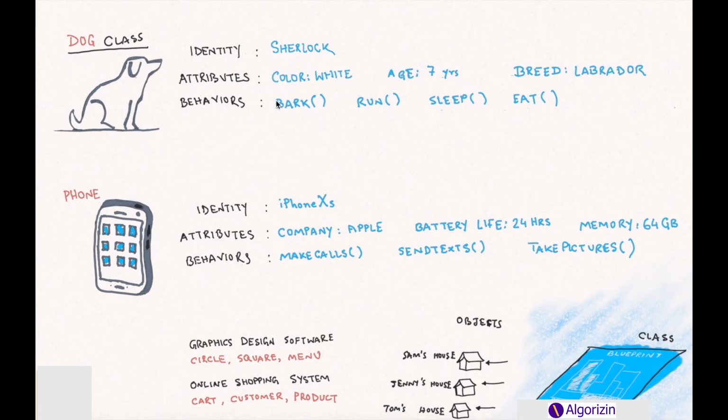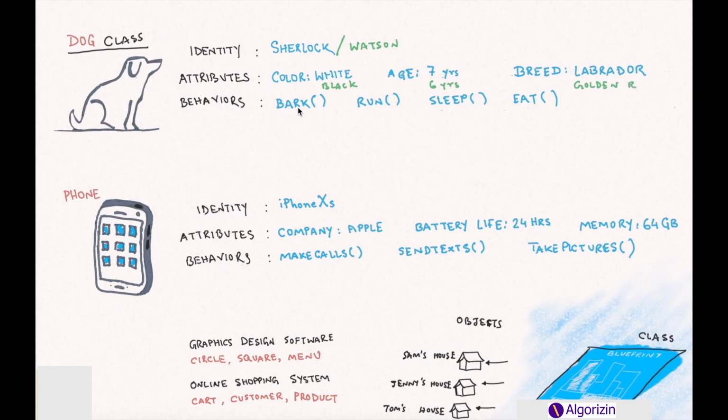Of course, each dog will have a different identity. So let's say the new dog that you create will have a different identity. Let's say the new dog's name would be Watson, and maybe the color attribute for the new dog named Watson would be, let's say, black, and maybe the age attribute for Watson would be 6 years, and maybe the breed attribute for Watson would be a golden retriever.